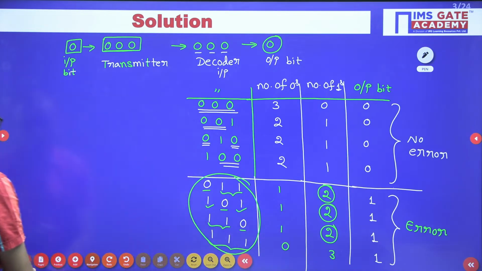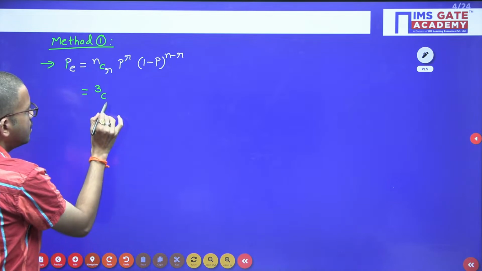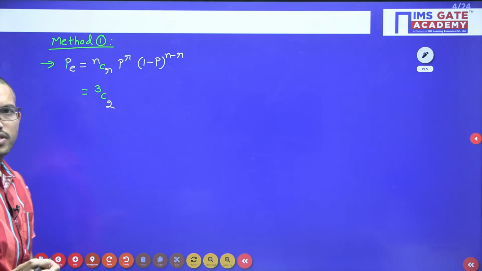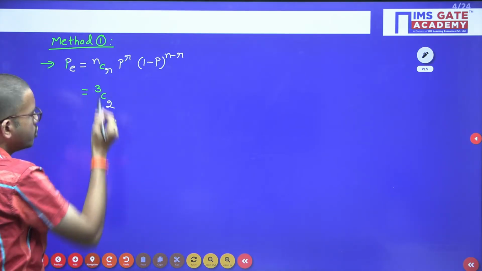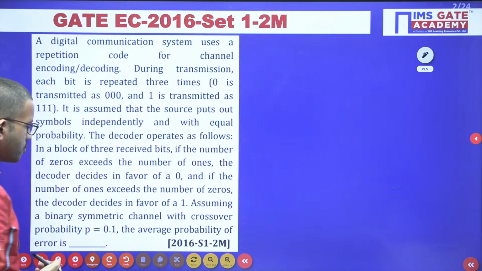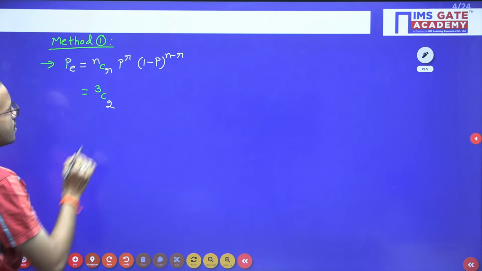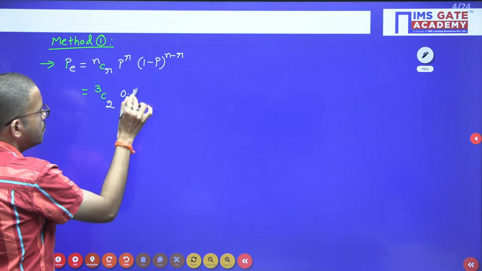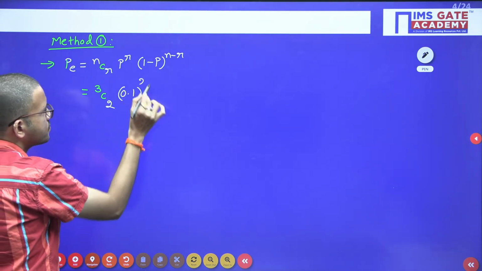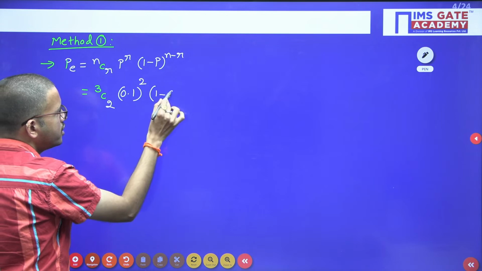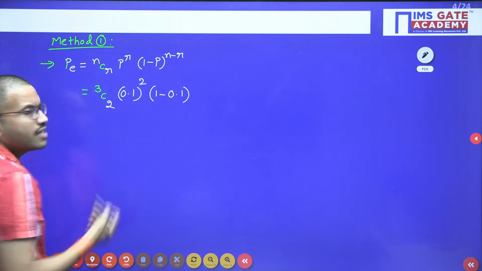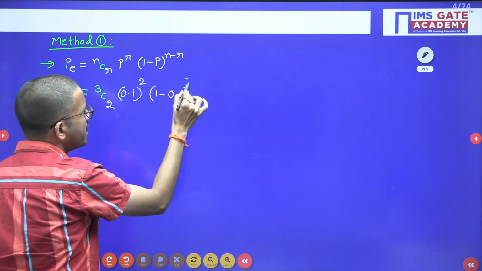So one possibility is that we consider r equal to 2. The crossover probability according to the question is 0.1, so 3C2 into 0.1 whole power r, which is 2, into (1 minus 0.1) whole power n minus r, with n equal to 3 and r equal to 2.